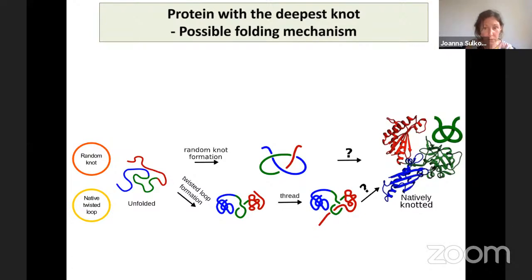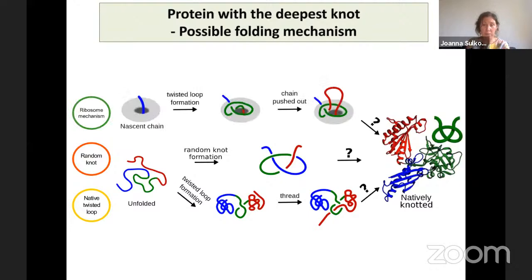However, there's also another possibility: in biology they have something they call the ribosome. You can think about this as a tube which can make the protein chain, and when the protein chain is pushed across this tube, maybe there can be some special unique conformation, and there will be a force to push the chain across the loop.